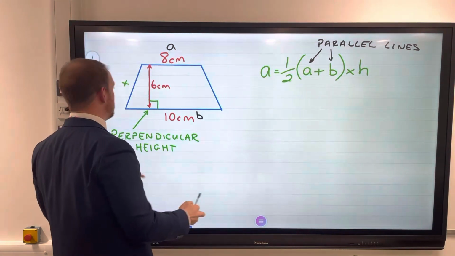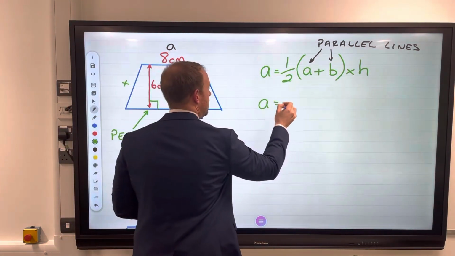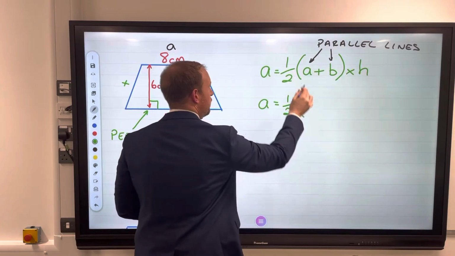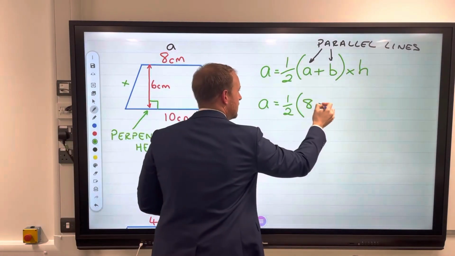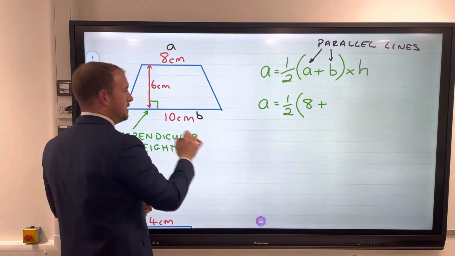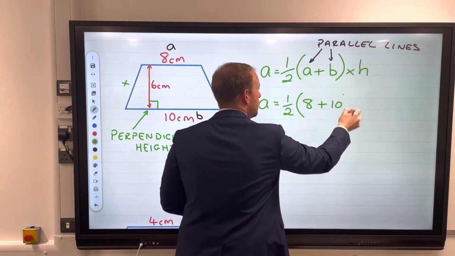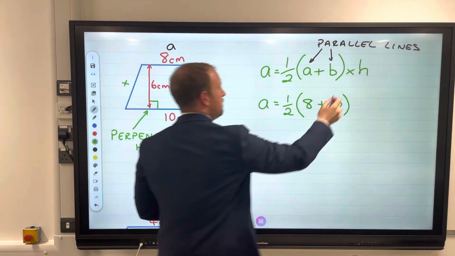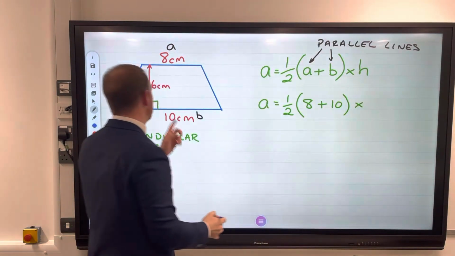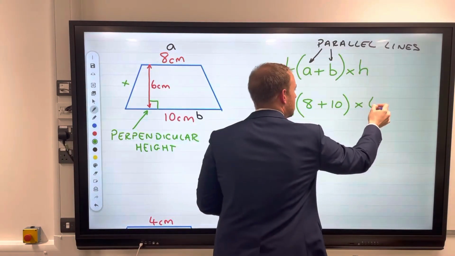So, a bit of substitution, let's put some numbers in. Half of, well, parallel lines, A is 8, so that's 8, add, B is 10. You can see here I've clearly just substituted the numbers in for the letters, and then we times this by the height. Well, the height here was 6 centimeters.